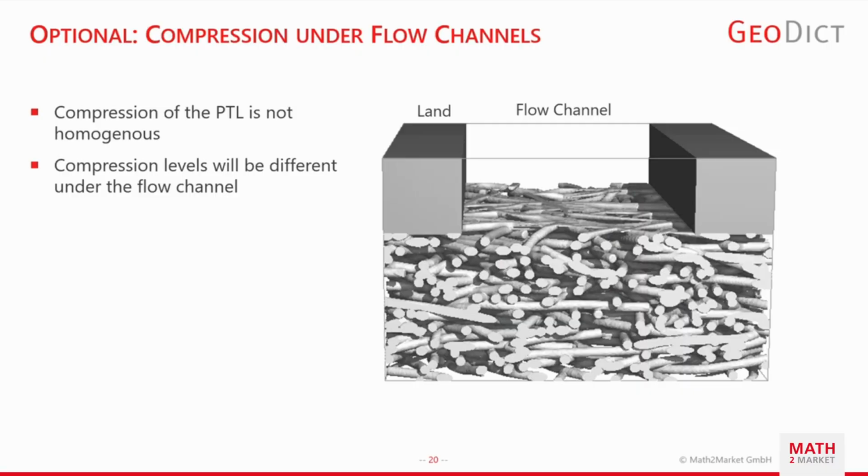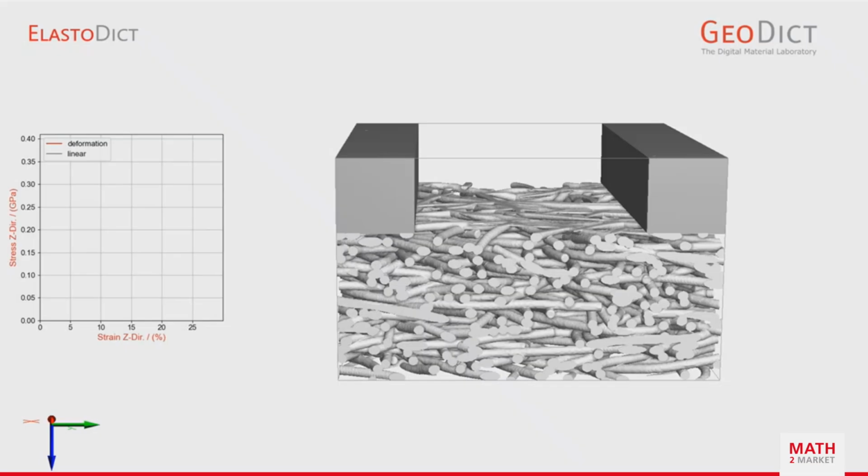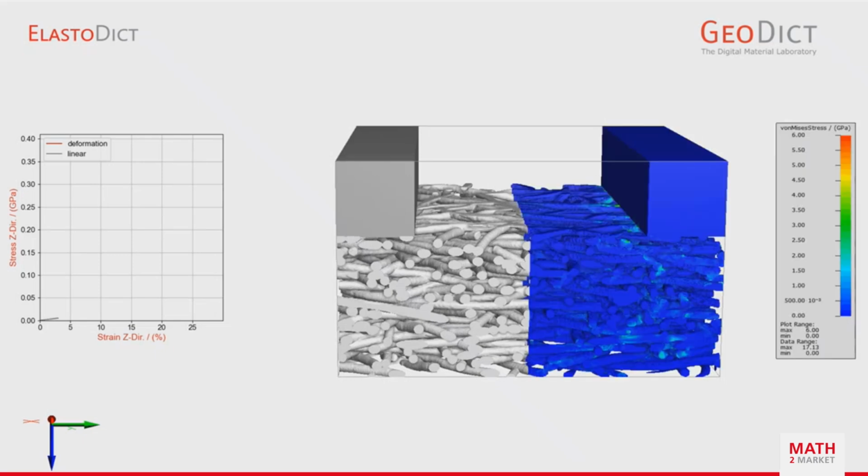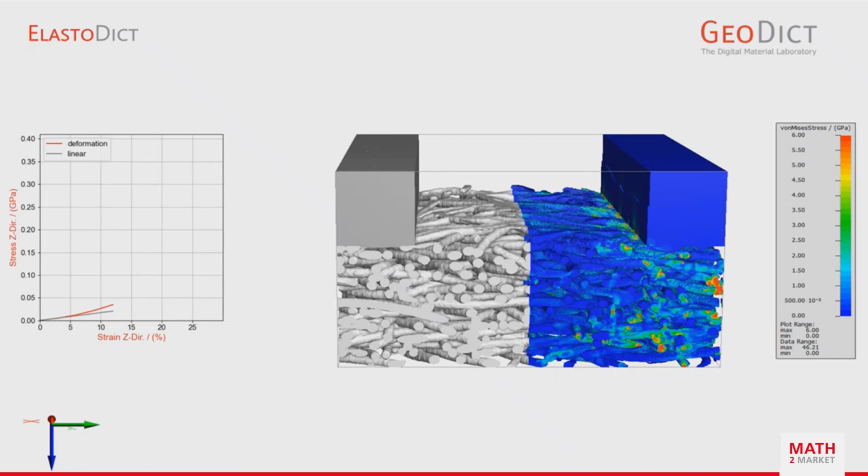What we can also do is, because the material is not uniformly compressed, because we have this channel rib pattern where it's compressed in between, we can also make a model like this, where we can put some of the ribs or whatever pattern we have, and compress it. And then it looks like this.